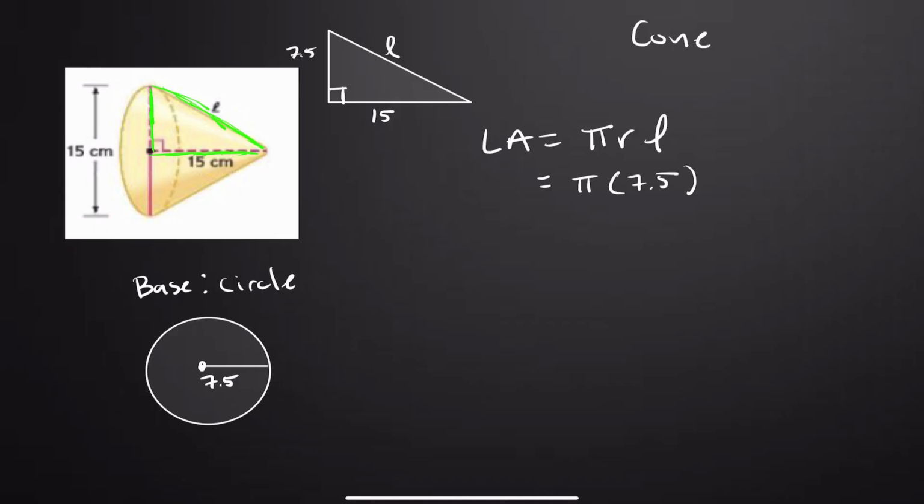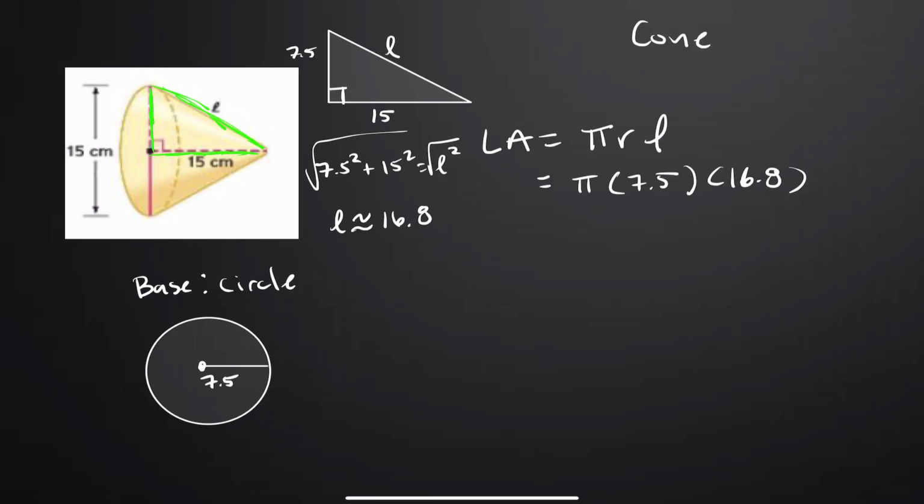We're dealing with a right triangle with these two given side lengths, and this is the hypotenuse, so it's 7.5 squared plus 15 squared equals slant height squared. And I'm going to take the square root, and then I'm going to input all of that. You get approximately, so the slant height is approximately 16.8.